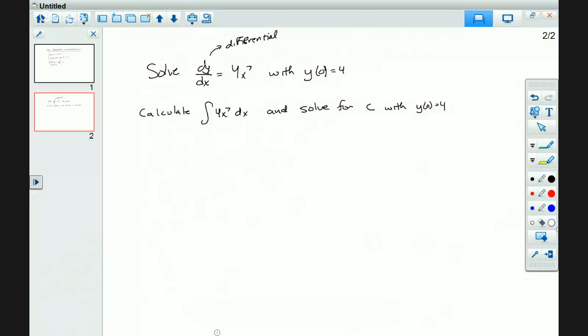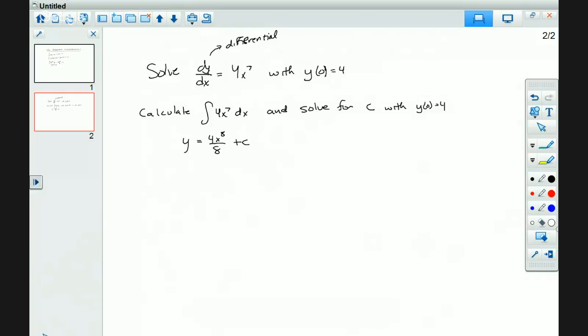Okay, so anybody? What does this equal? Now, we're going to write out y equals, because we've taken the antiderivative of a derivative.